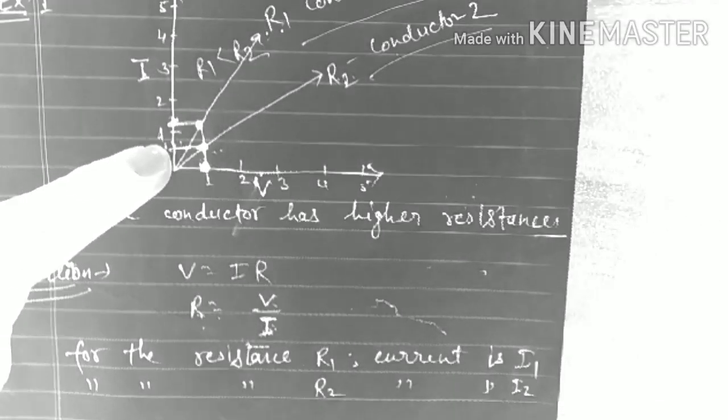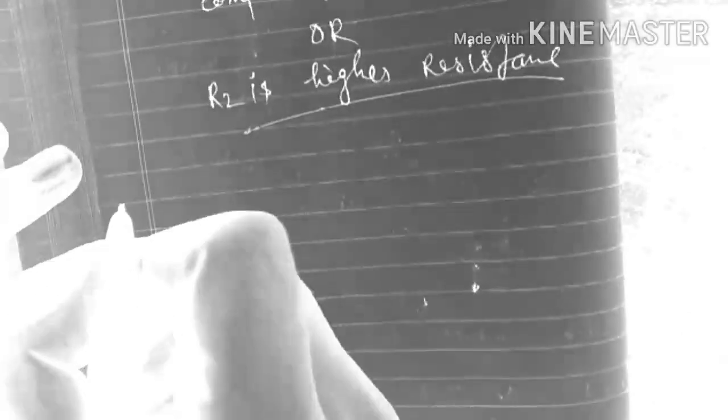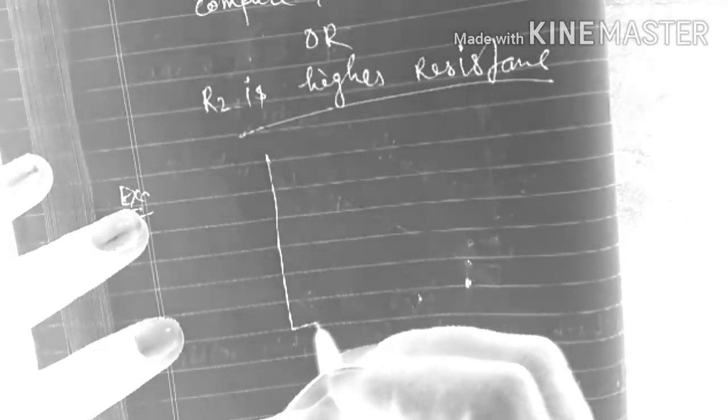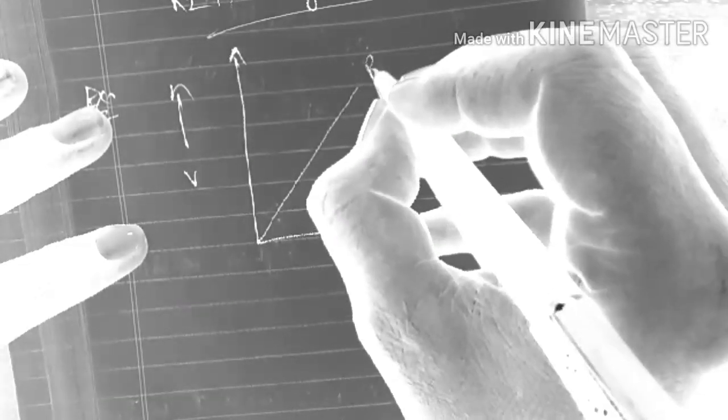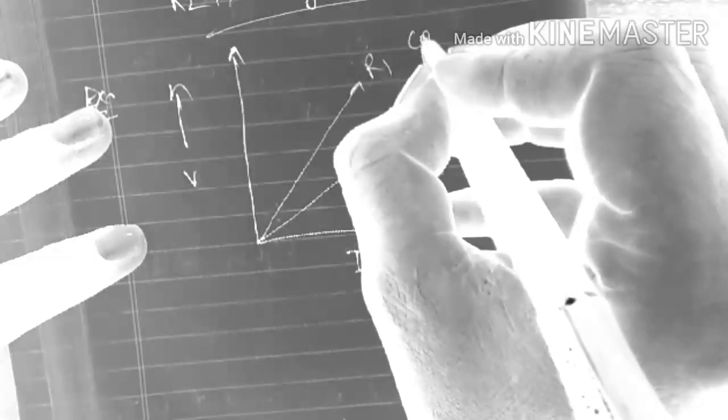Okay. So next question is example second. We draw a graph and change the variable. It is our I, it is our V, it is our voltage, and also it is our R1, it is our R2.